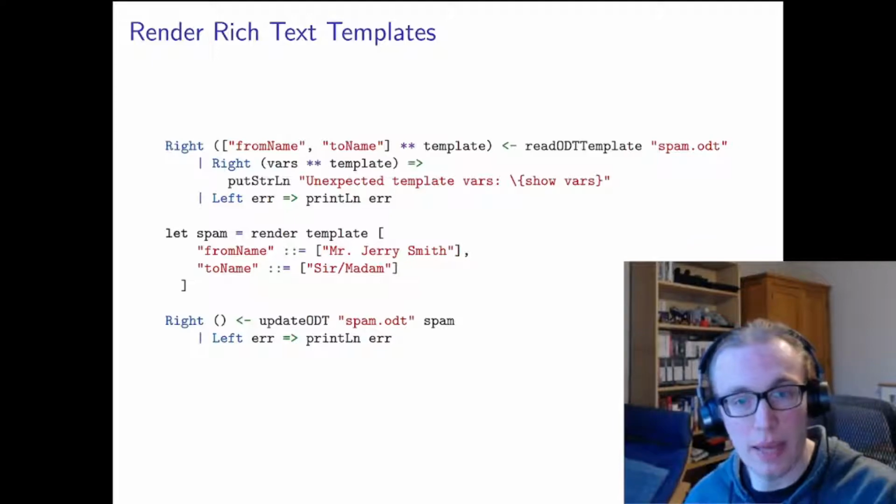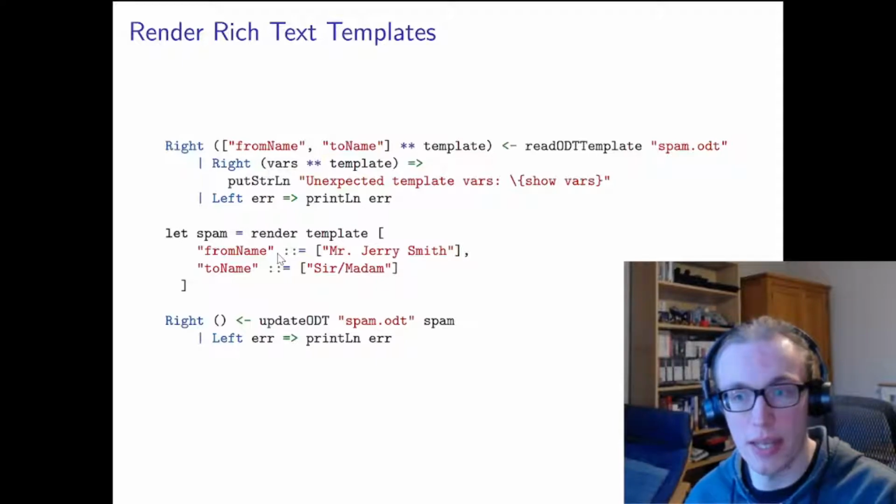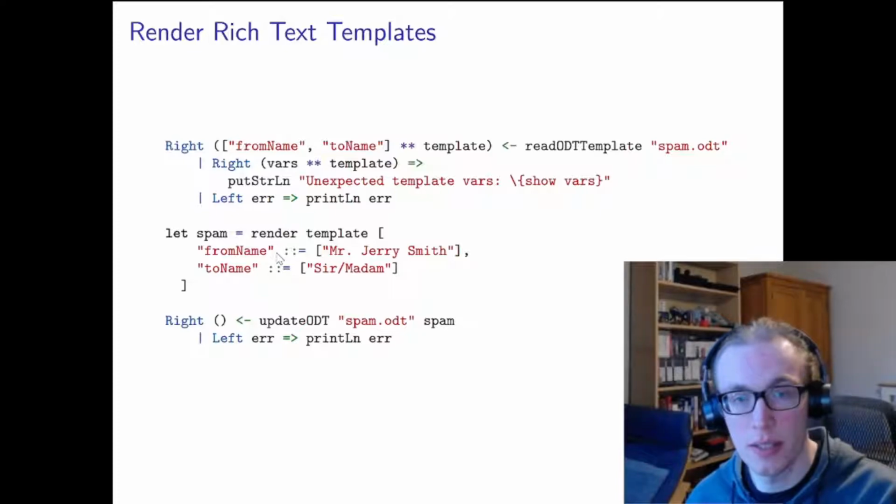So yeah, then in the render in the middle here, if we miss one of these variables out, or if we misspell them, then this bit here will be caught at compile time because it doesn't match the earlier values that we expect in the template here. We're using dependent types for this, and so that's quite nice security there to make sure that we actually use all of the free variables in the template.